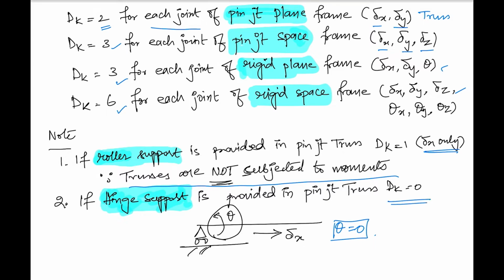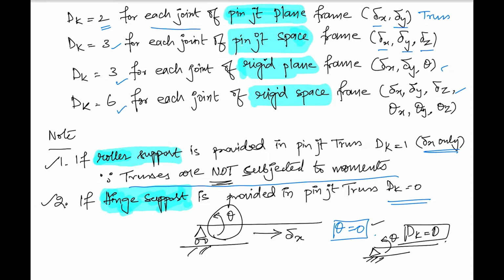For a hinge support there was 1 degree of freedom, which was theta. Now, because theta equals 0, the degree of freedom equals 0. These are important points, so remember them.